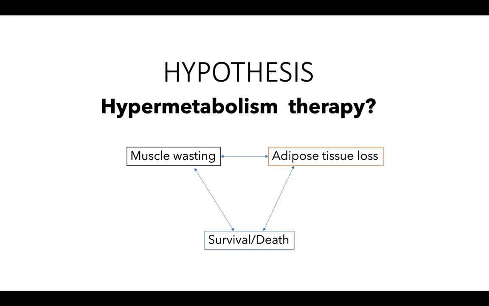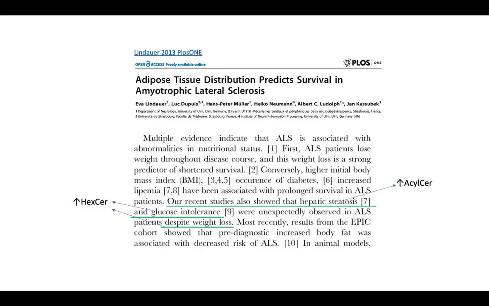So we believe that treating hypermetabolism could be a good therapy for increasing survival of ALS patients. And this is already related to several studies showing that adipose tissue level and distribution predict survival of ALS patients.